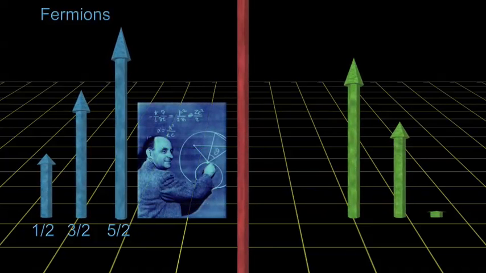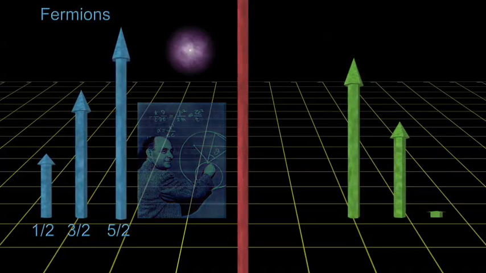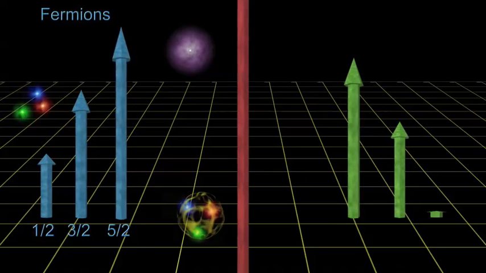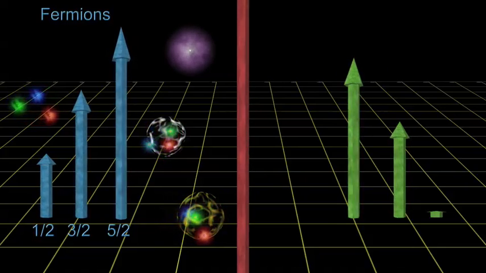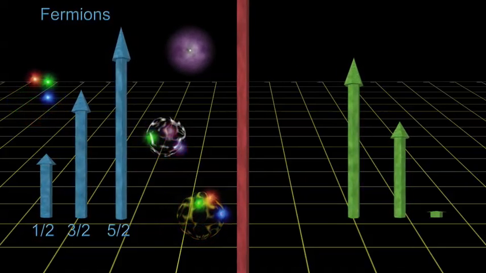The name comes from Enrico Fermi, who, along with Paul Dirac, developed the statistical methods of dealing with them. Fermions are said to have half-integral spin. And as indicated above, electrons, quarks, protons, neutrons are all in this family.